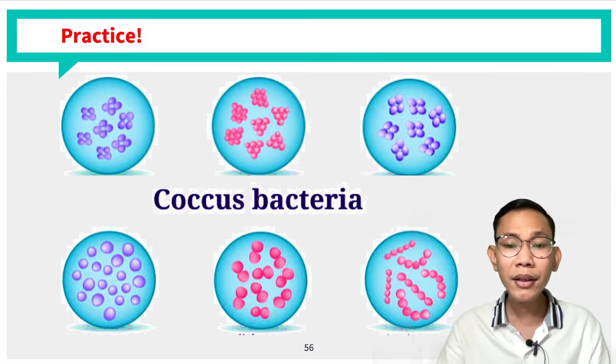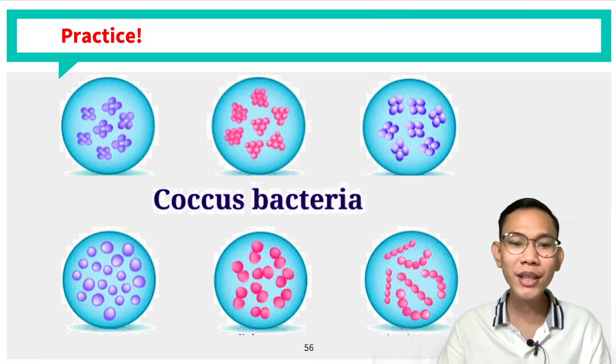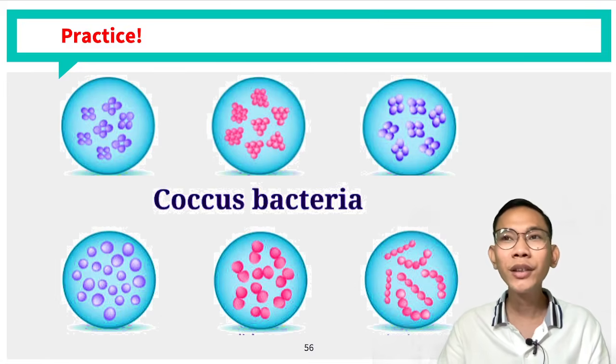Gram-negative cocci in chains. This is now your streptococci. Very good. This one is actually in 3D configuration. This is composed of 8 cocci joined together. This is now your sarcina. Very good. Gram-positive sarcina. How about this one?